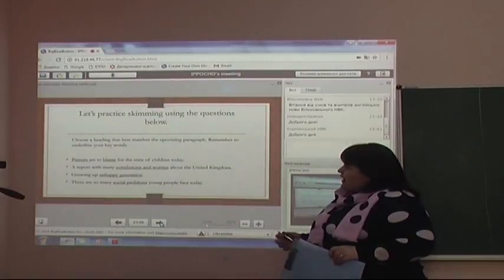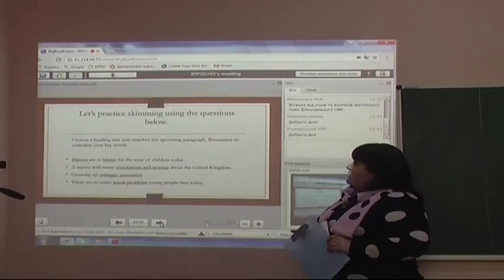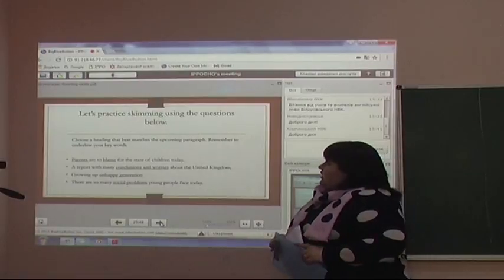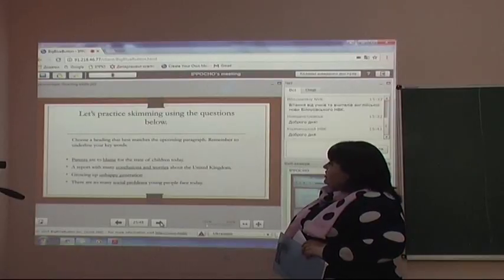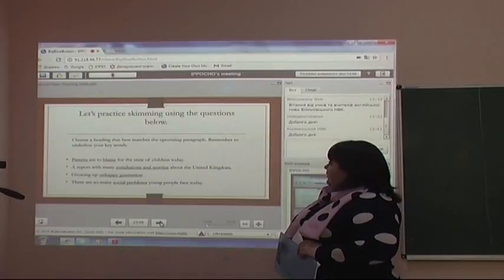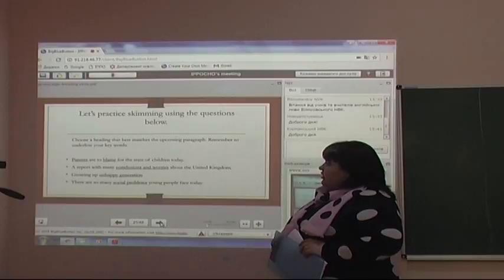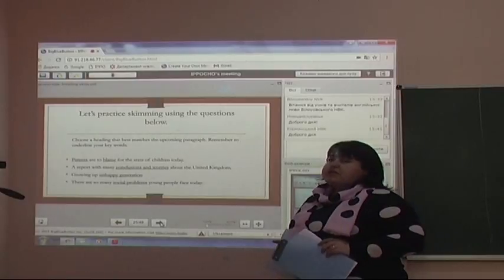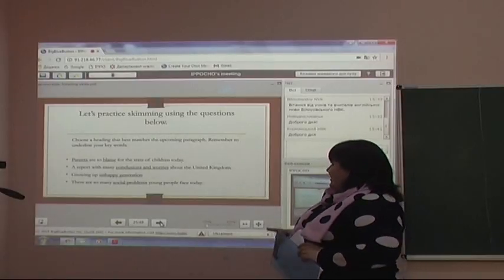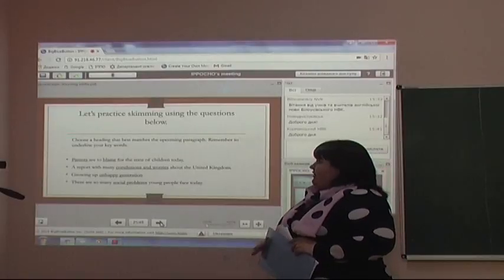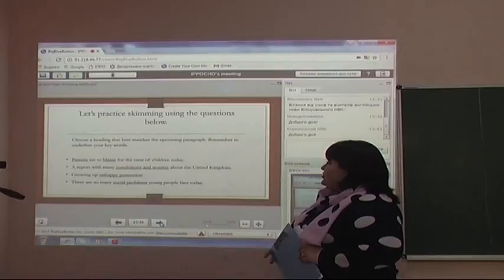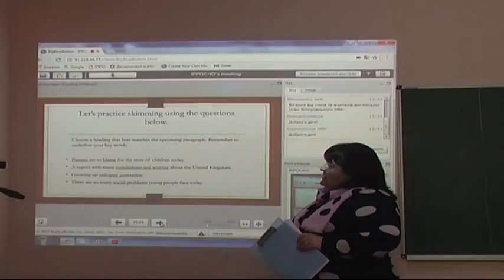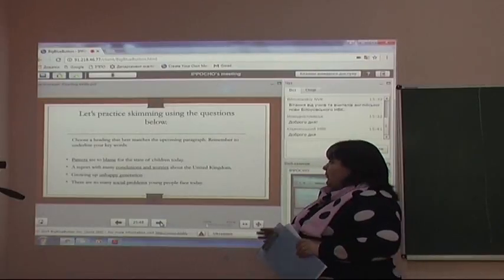And let's practice some skimming using the questions. First of all, you need to choose a heading that best matches the upcoming paragraph. Remember to underline your keywords. The keywords are very important in skimming. So, we have a sentence: Parents are to blame for the state of children today. So the keywords are parents and blame.